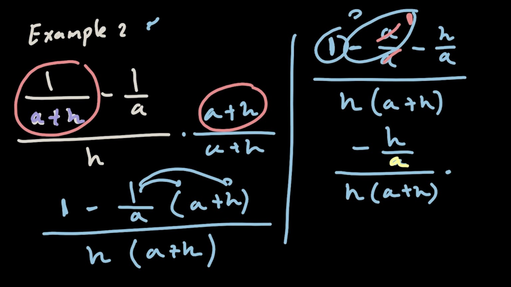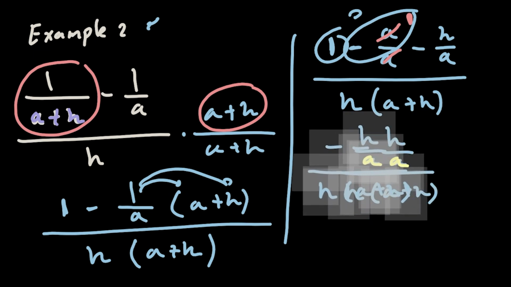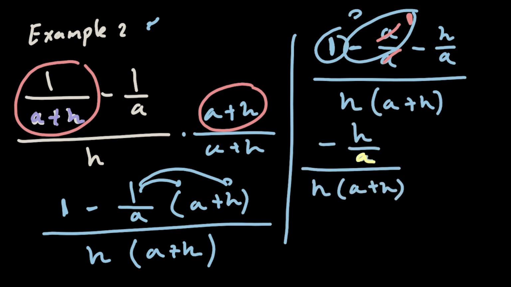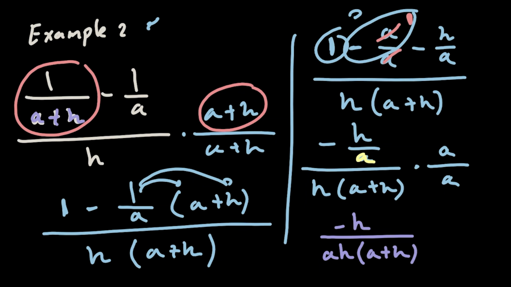So we'll just multiply. Let me just make more space. Okay, so we'll multiply both the numerator and the denominator by a. So we will have minus h over, here we will have ah multiplied by a plus h.